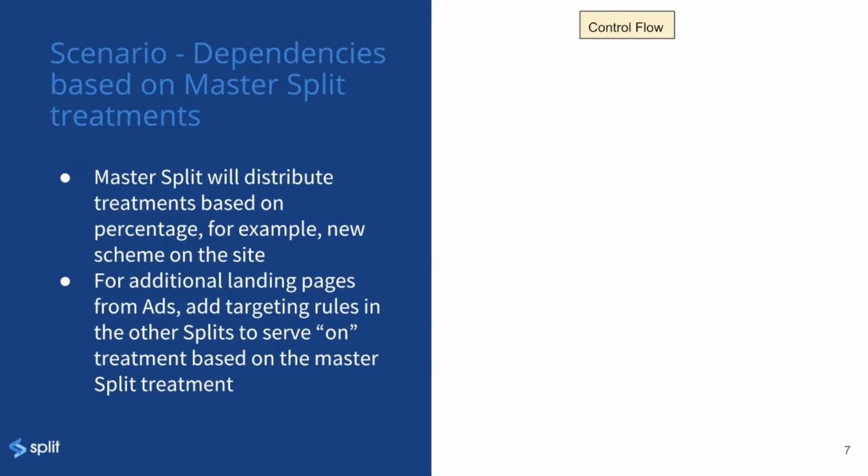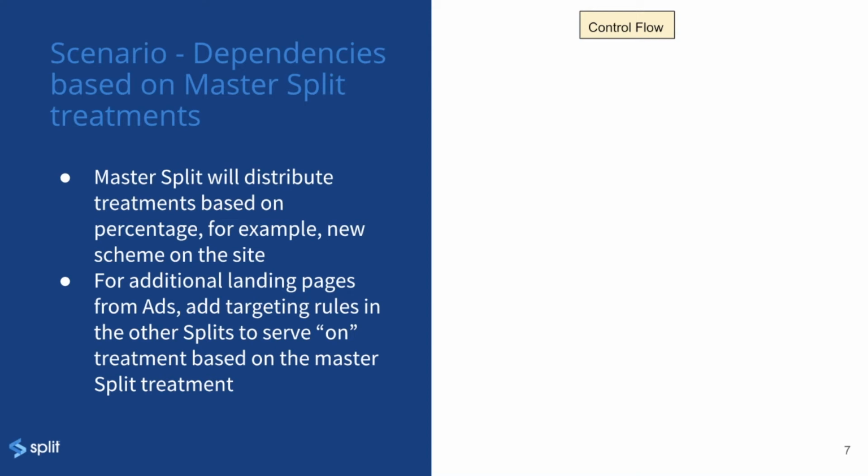Another scenario is when we have a master split that distributes treatments based on percentage. Then, depending on which treatment the user gets, they are routed to a different split. They participate in a different experiment.